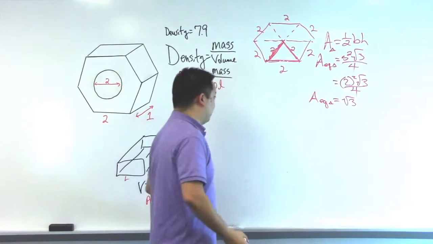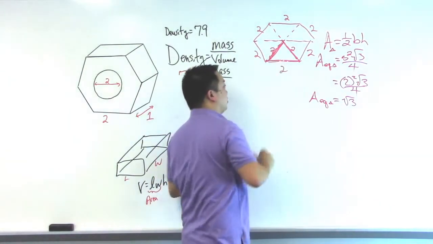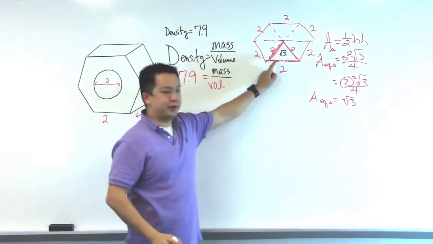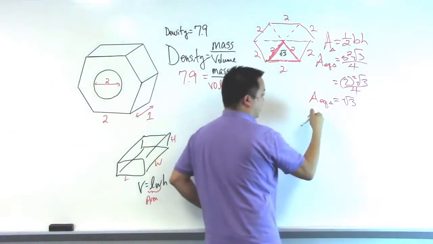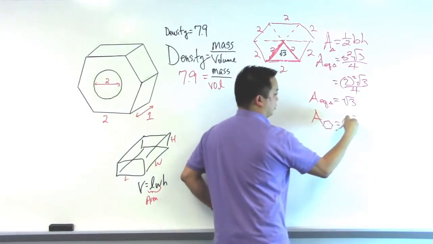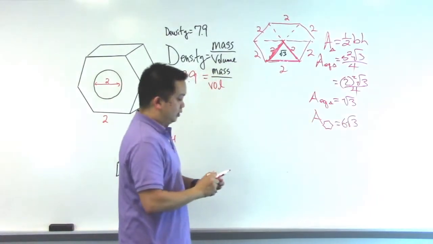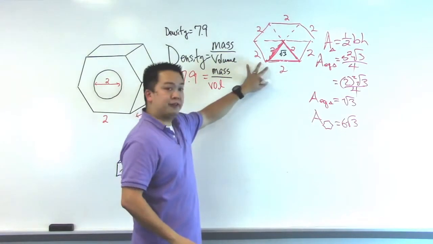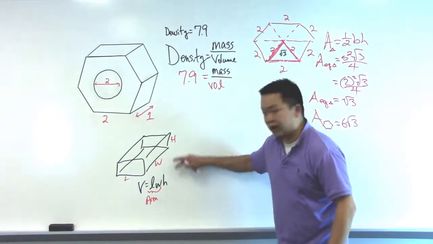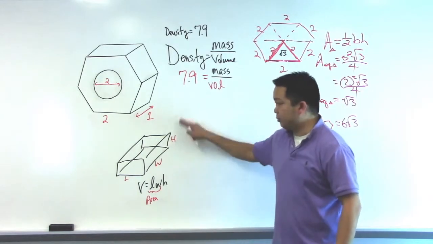That's just the area for one of these triangles. So therefore, I would multiply that value by 6. So the area of the hexagon would be equal to 6 radical 3. So now that we've solved for the area of the base, kind of like what we did down here, right? We got the area. Now we just have to figure out how many of these there are, and that would be the height.